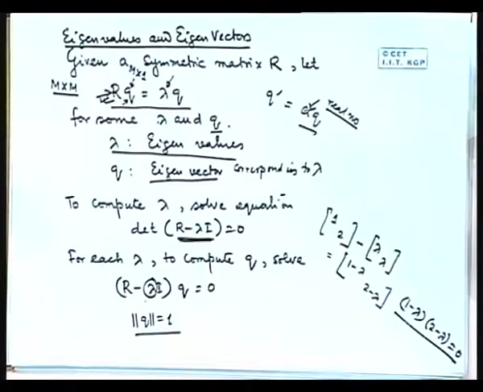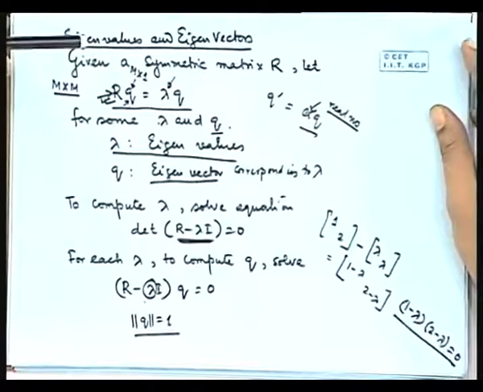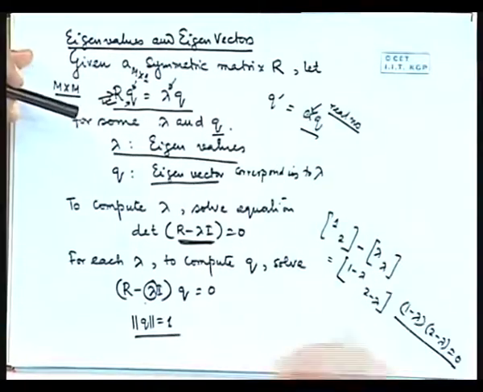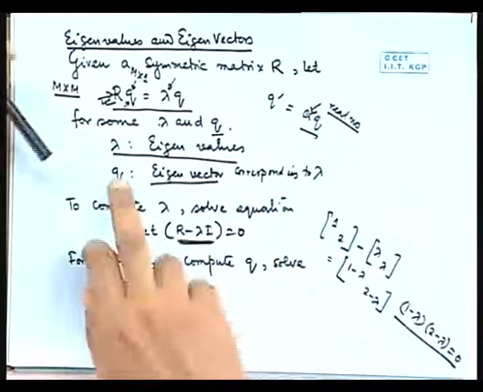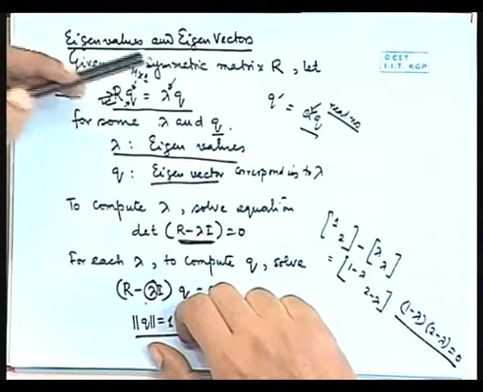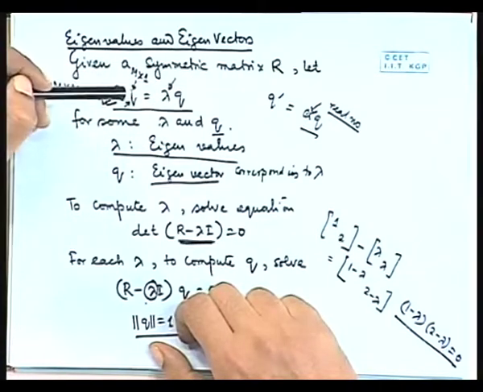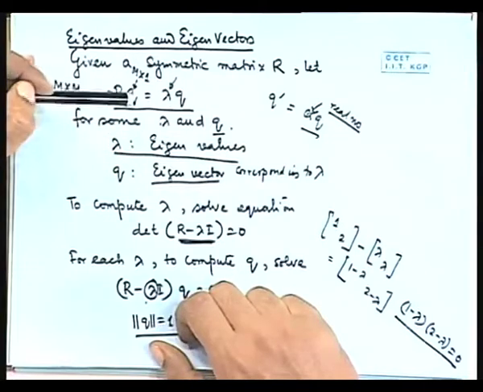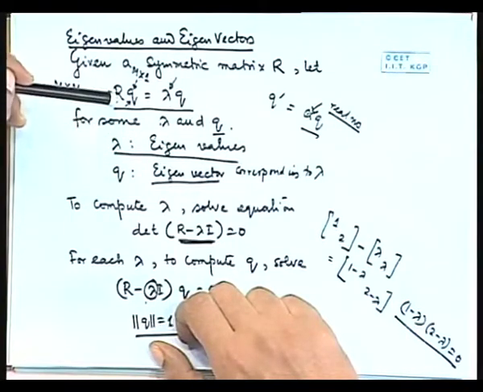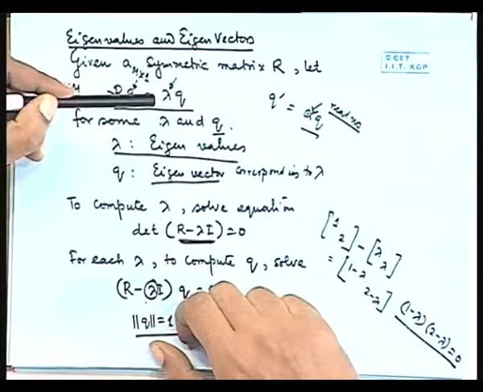First of all, because memory has a time constant, which may be short or long, depending on people, we are just getting back to a little bit of recapitulation on eigenvalues and eigenvectors. We just want to recall that if you have a symmetric matrix R, then RQ is equal to lambda Q. This is an equation where Q is a vector, R is a matrix, lambda is a number.